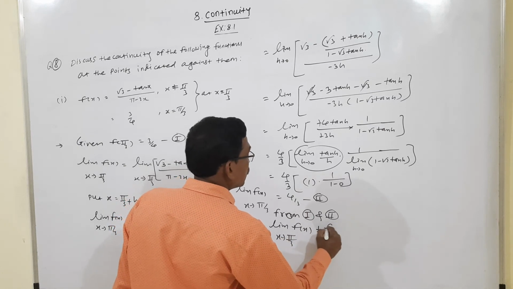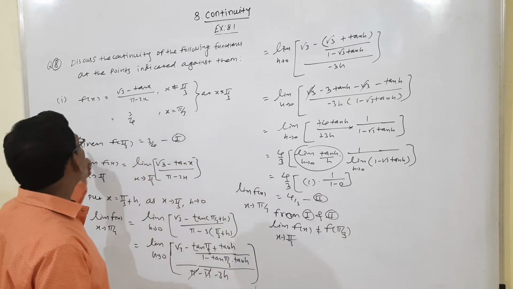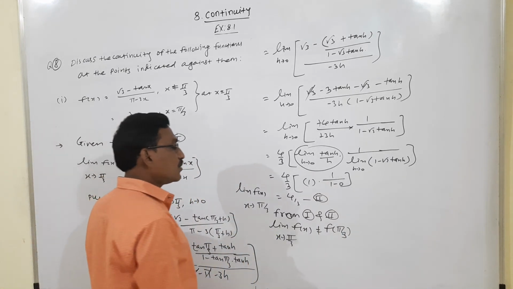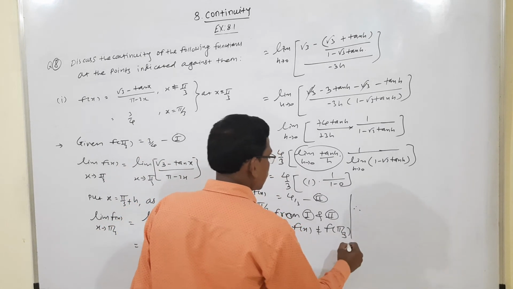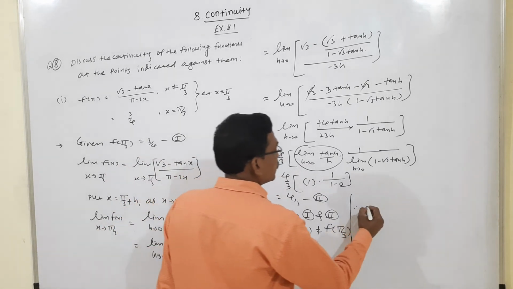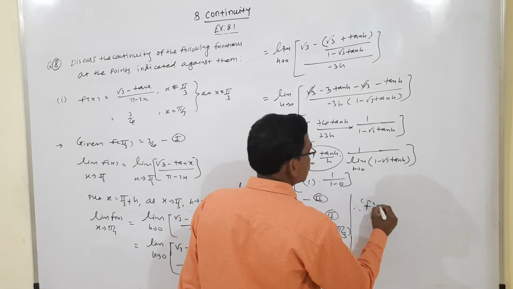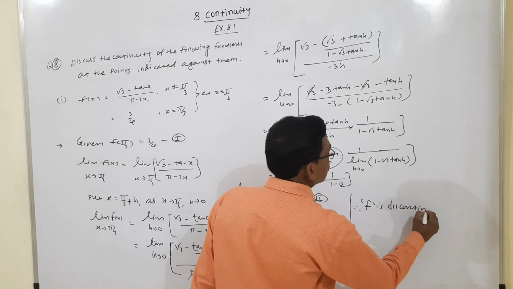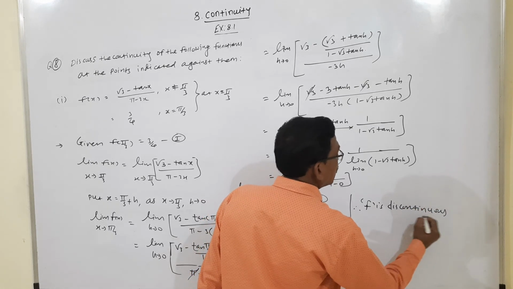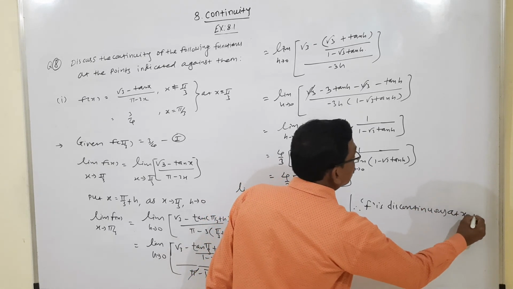The limit of that function is not equal to the function value at that point, therefore f is discontinuous. Function f is discontinuous at x equal to pi by 3.